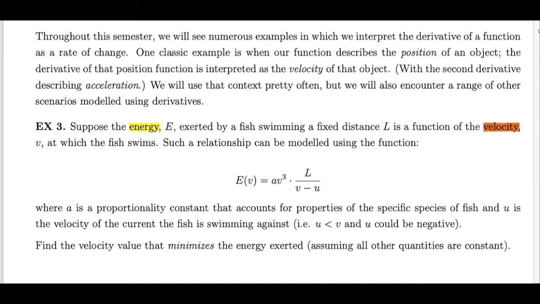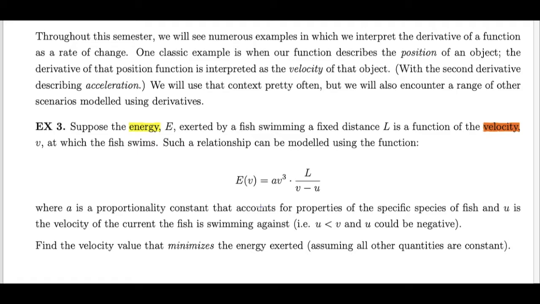So I imagine a fish is swimming some fixed distance, so this variable L is not going to change. Maybe it's 5 meters, whatever we want to imagine it to be. And then how much energy that little fish exerts is going to be a function of how fast it tries to swim. Makes sense.